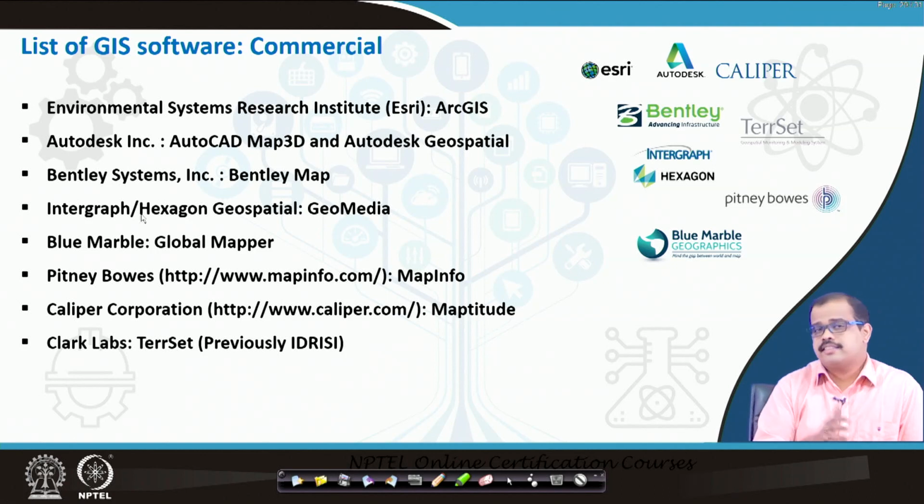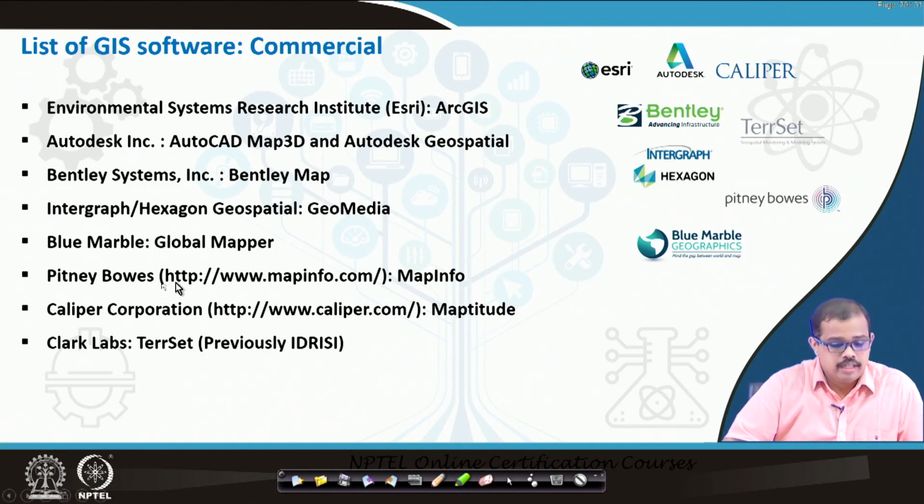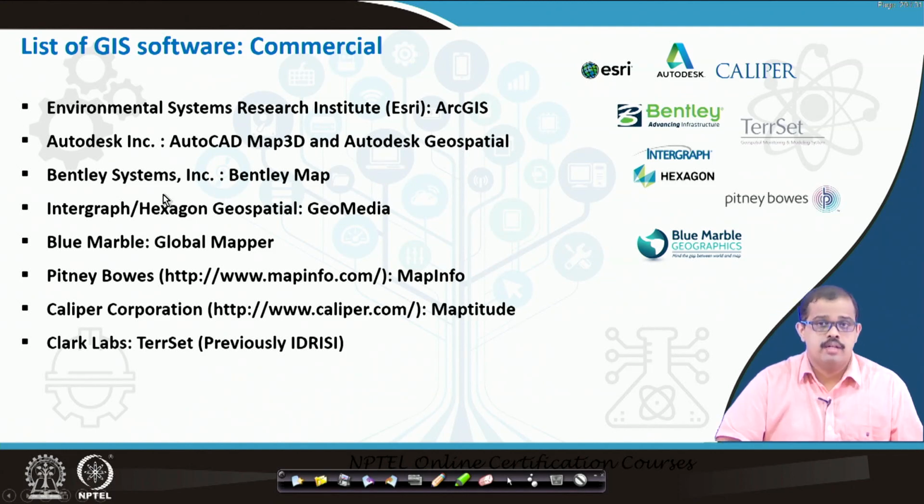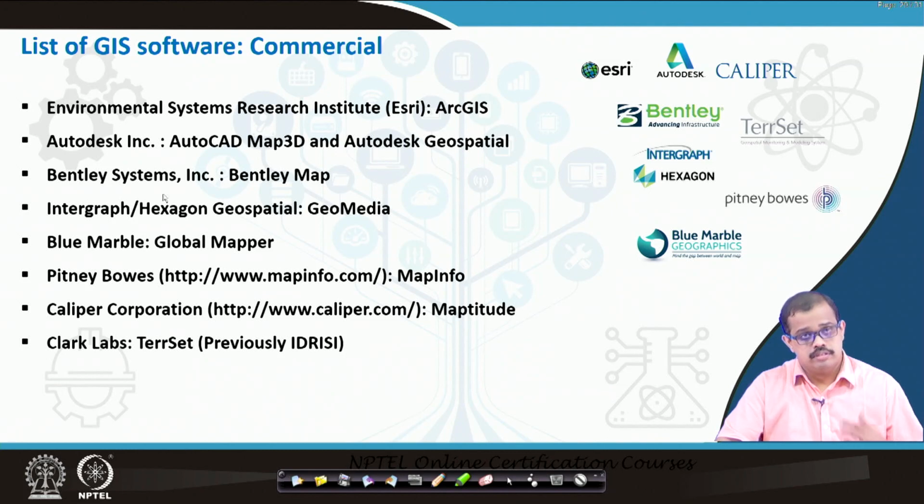GeoMedia is extremely capable of analyzing geospatial data. If someone wants to look at very advanced models, advanced instances of working, GeoMedia can come in handy. Then you have Global Mapper. Nowadays people have started using Global Mapper in a very large way, and it is extremely efficient.